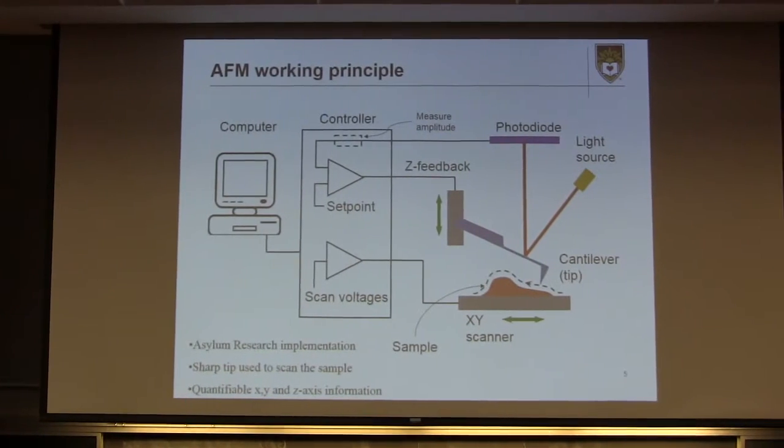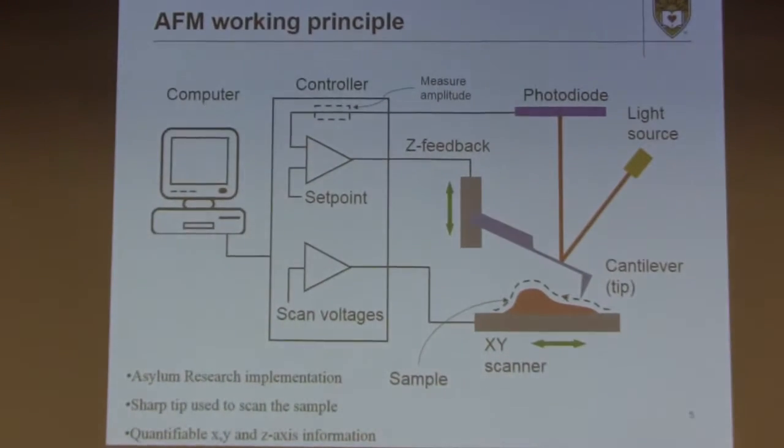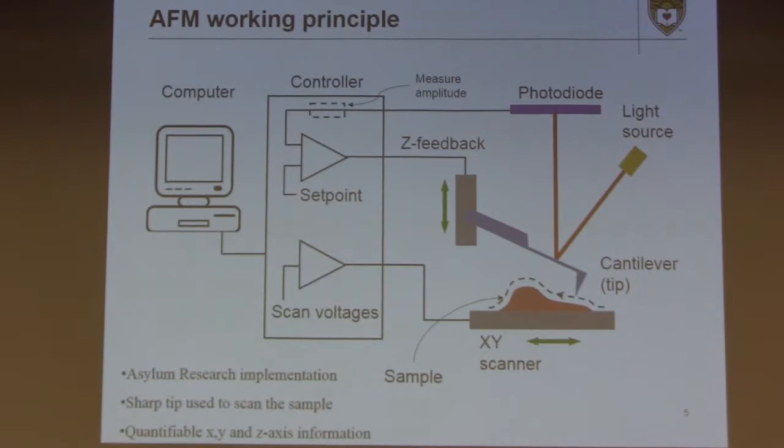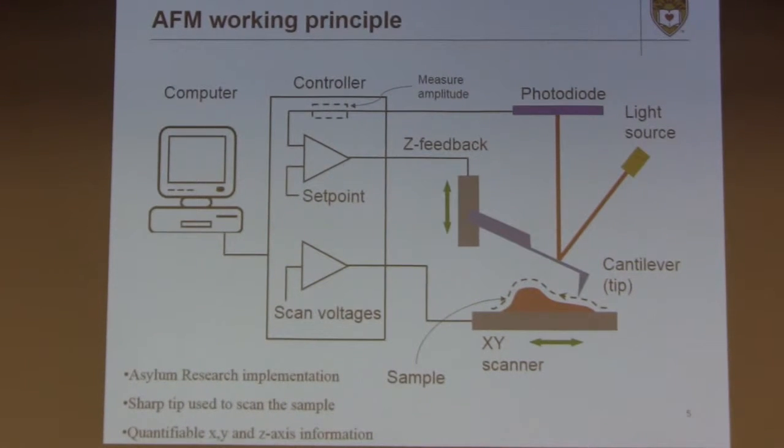Now, how does that work? The principle is rather simple, really ingenious when you think about it. All you have is a very sharp tip right there. You use some scanner. It can be Z and XY decoupled, or they can be together. And all you need to do is to put a laser beam on it and position that beam onto a photodiode.